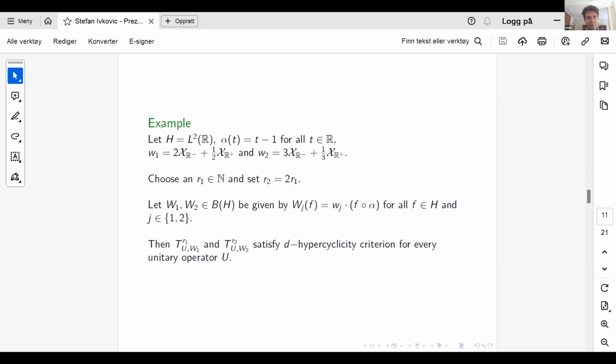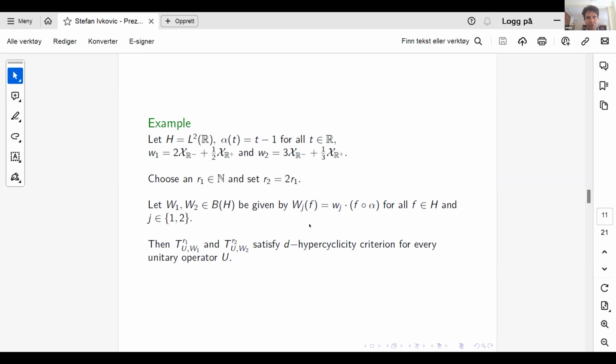And then we let the big W1 and big W2 be the operators on this space H, defined as weighted composition operators. What is this? Well, they are defined in this way. You take first composition with alpha, and then you multiply with small wj, where j is 1 or 2.